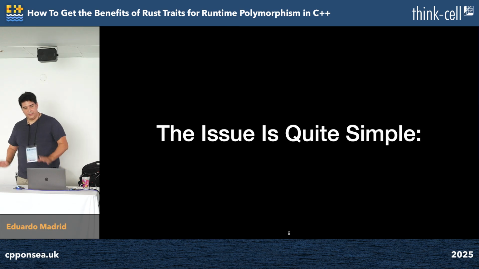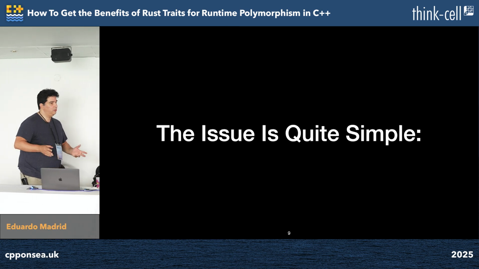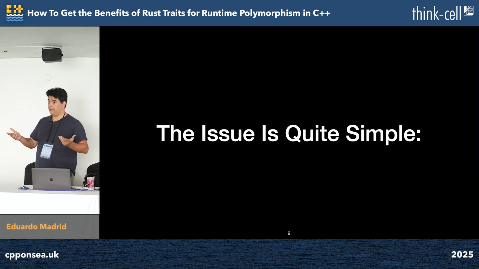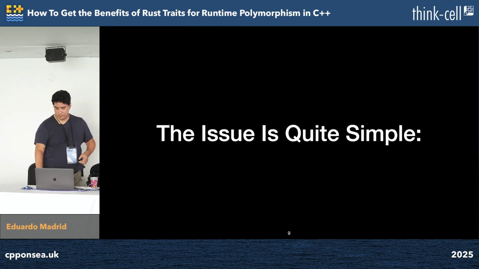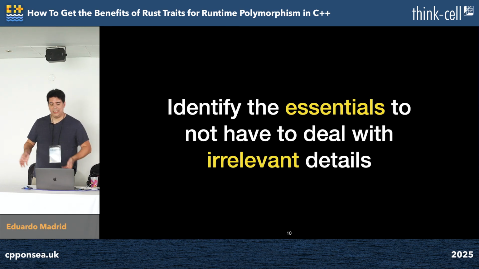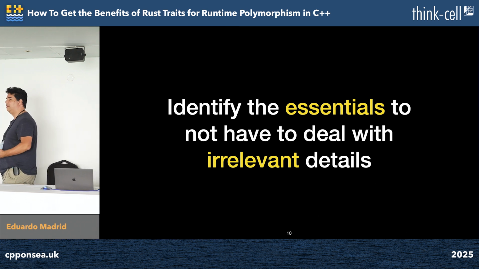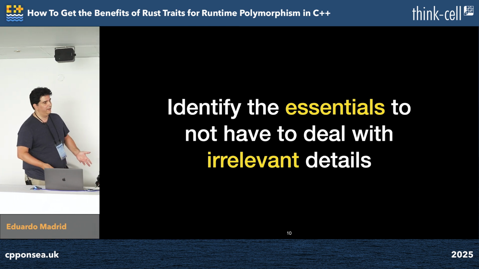Getting into the subject matter, the issue of what we're going to be doing is actually quite simple, profound and consequential, but in general quite simple. The issue is to identify the essentials of what we're dealing with so that we don't have to be bogged down with the irrelevant details.